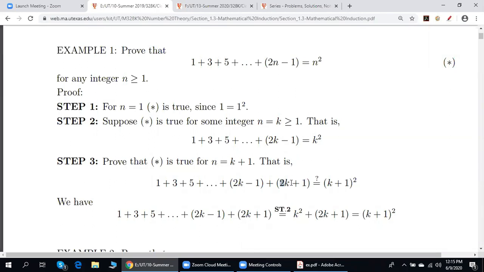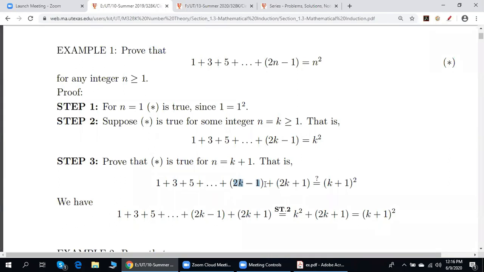In addition to the last term, it is convenient to write down the previous term. Since the last term is 2k plus 1, the previous term is 2k plus 1 minus 2, which is 2k minus 1. I said minus 2 because we are talking about only odd numbers.